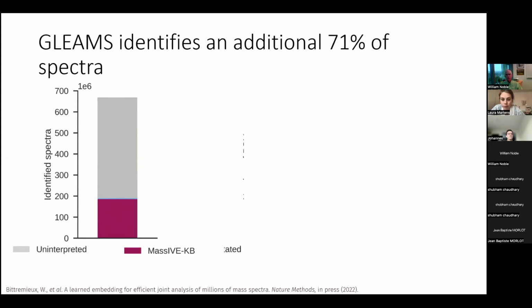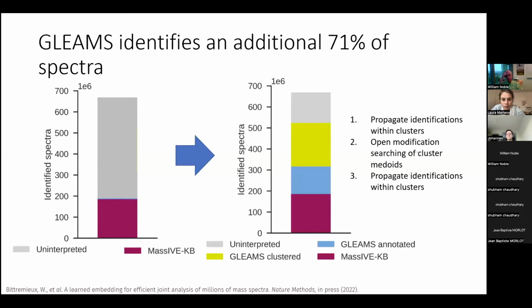And then we applied Gleams clustering, and we did 2 things. First, we just propagated identifications within clusters. So if you have a majority of spectra in a cluster that are labeled with a particular peptide, you can annotate the rest of the spectra in that cluster.